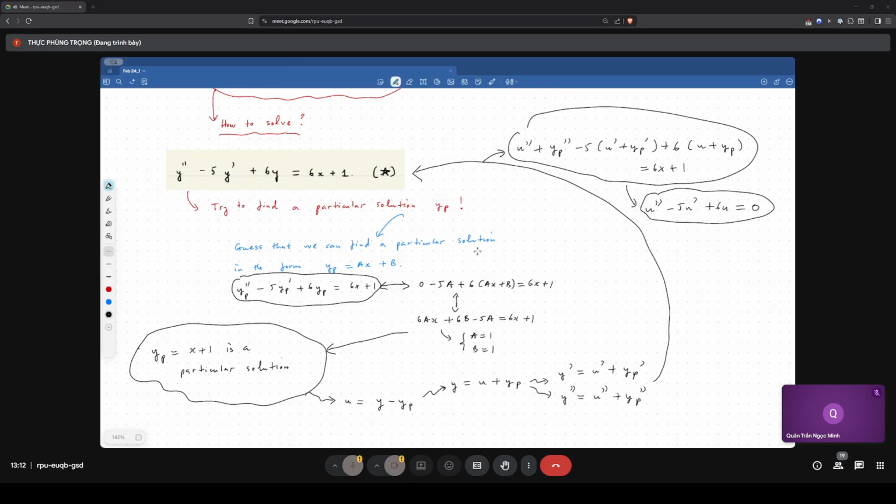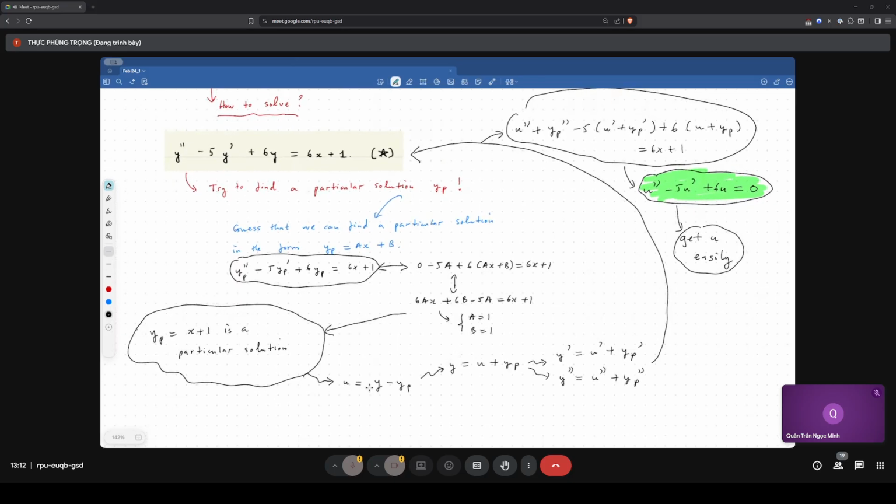Anyway, so in u, you get a homogeneous equation, and you know how to handle it. So for this one, you can easily find u. So get u easily, right? And after you get u, you get y. You just consider u plus yp, and you get y.